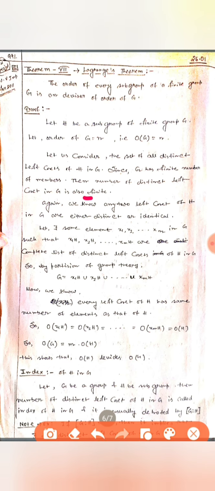Again we know any two left cosets of H in G are either distinct or identical. It is a previous theorem discussed in the previous video.